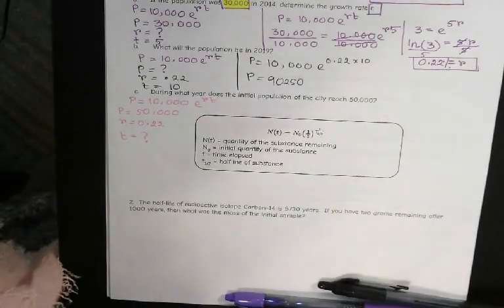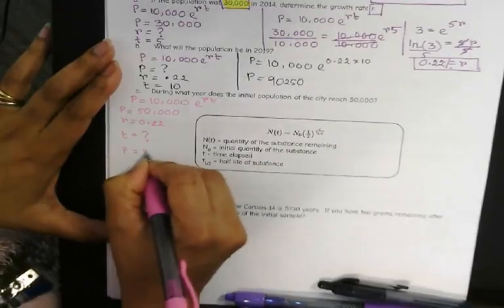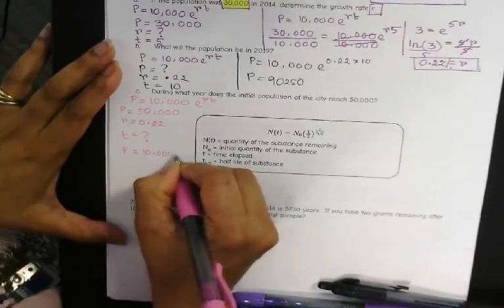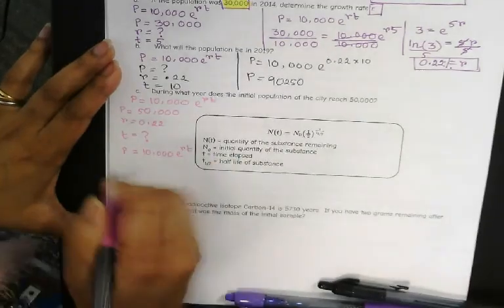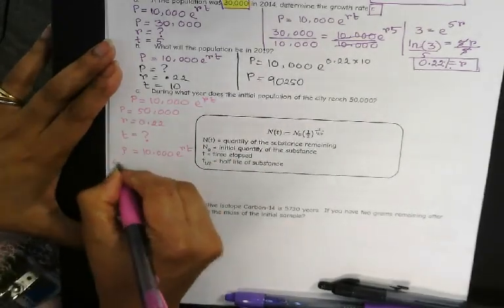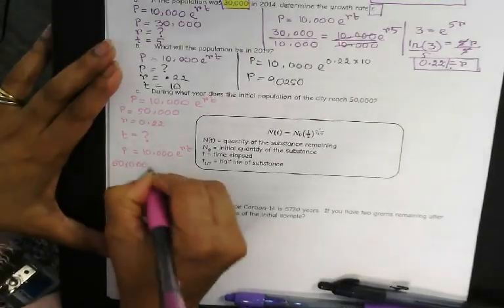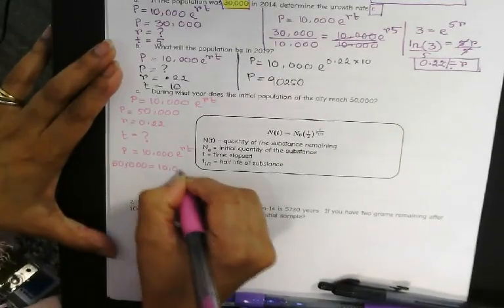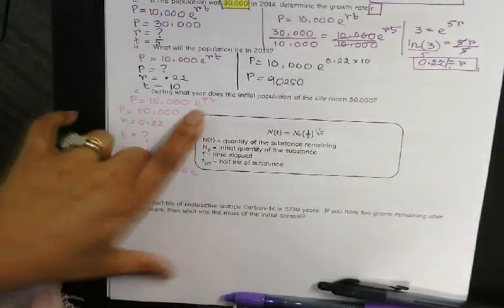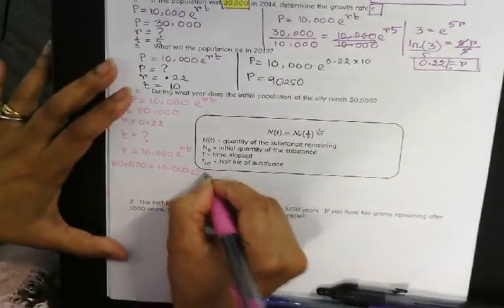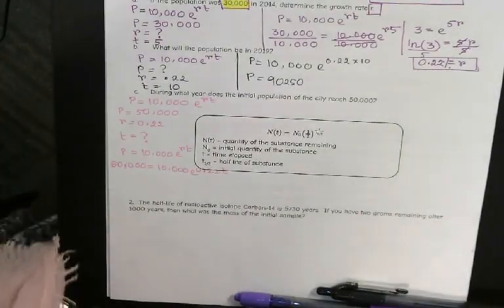Let's substitute everything and try to find it. P is equal to 10,000 e to the power RT. P value is 50,000 is equal to 10,000 e to the power, R value is 0.22 times T. Is everybody with me?